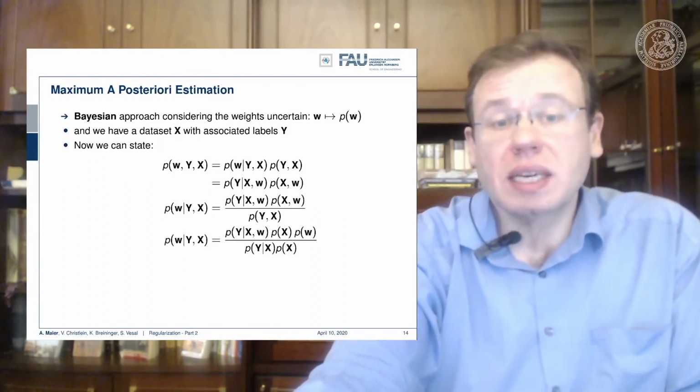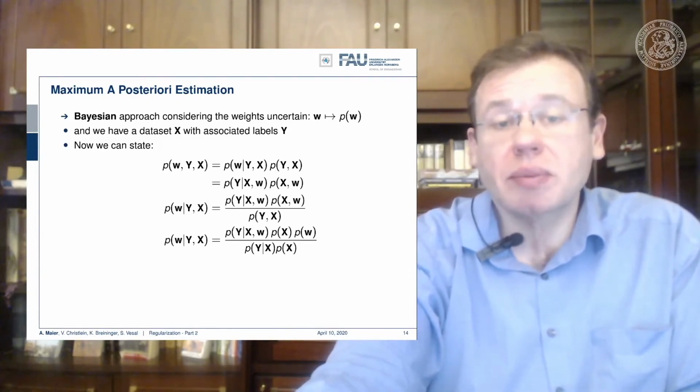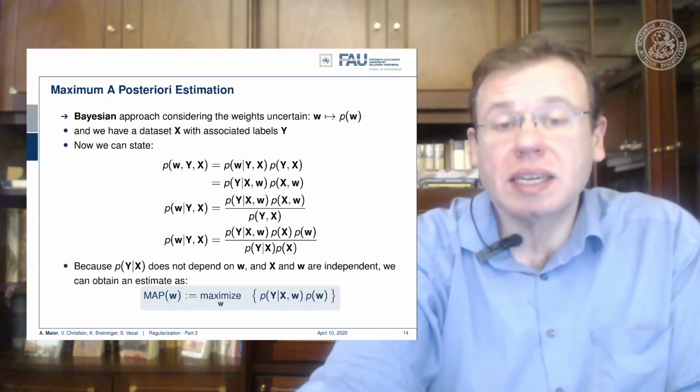So this we can rearrange a bit further, and here you see that the probability of X and the probability of Y pop up. You can take them out, and this then cancels out, which finally yields the following MAP estimate.